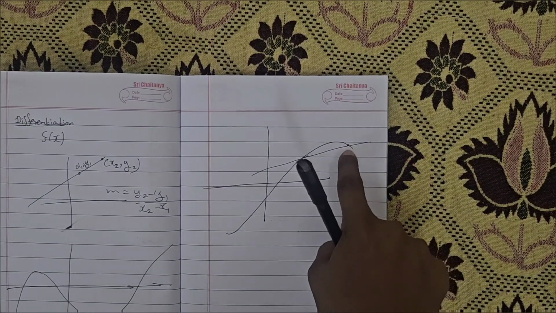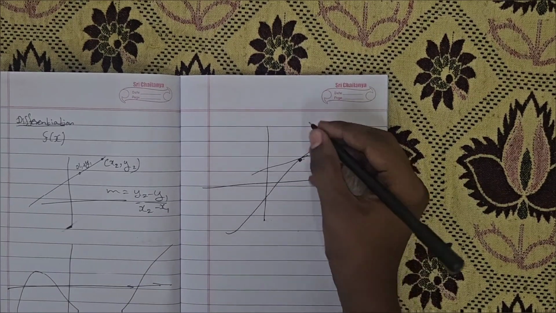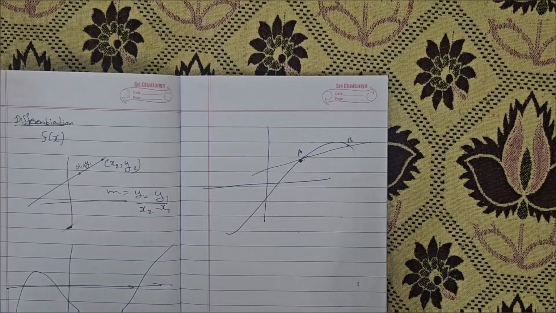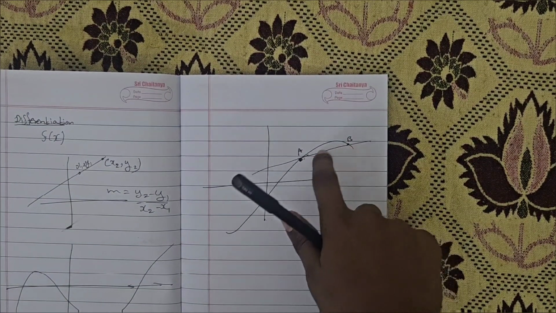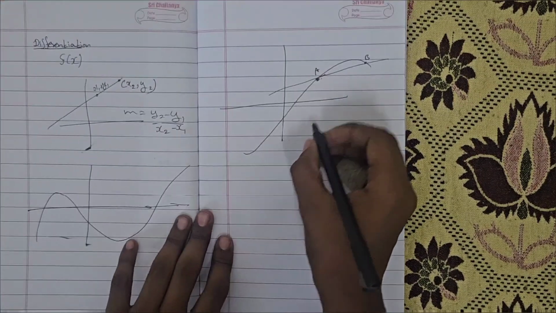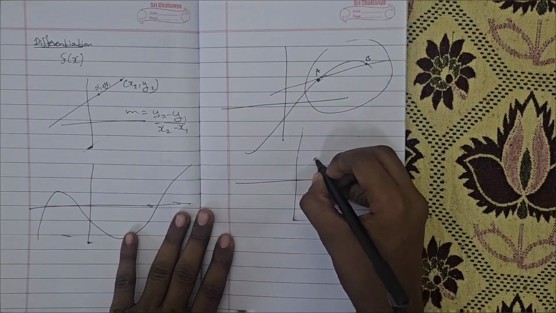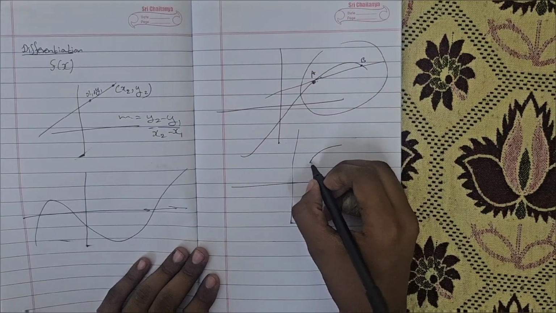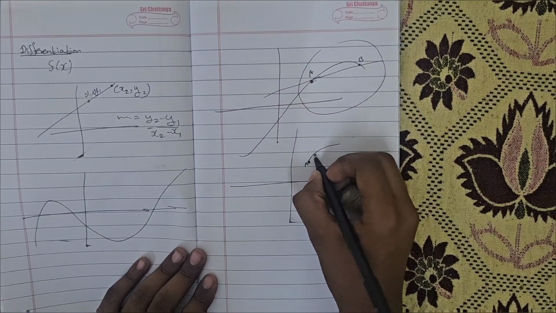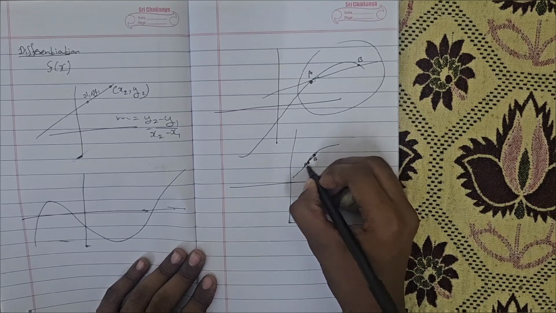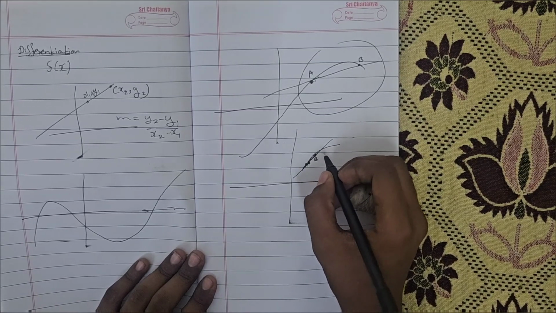So let me bring this point closer to this point. Let's say this point is A and this is B. If I bring B close to A, let me just zoom this part. It's an arc, and here's A, here's B, and I get a straight line like this, right?